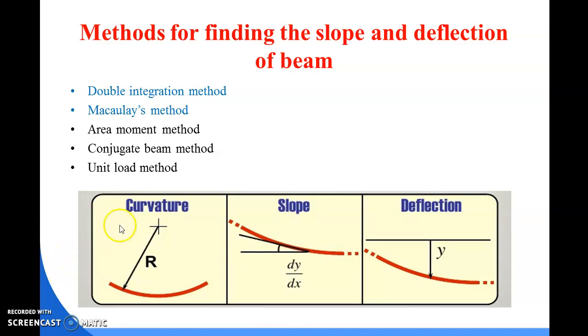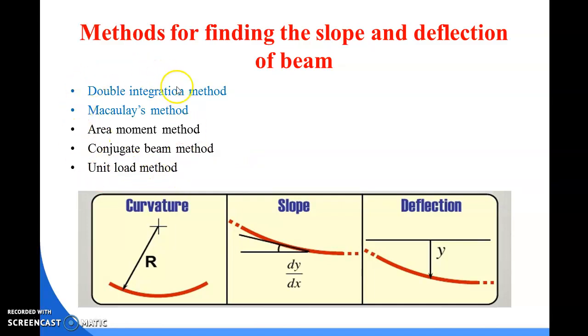There are 5 methods we can use: first is the double integration method, second is Macaulay's method, third is the area moment method, fourth is the conjugate beam method, and fifth is the unit load method.